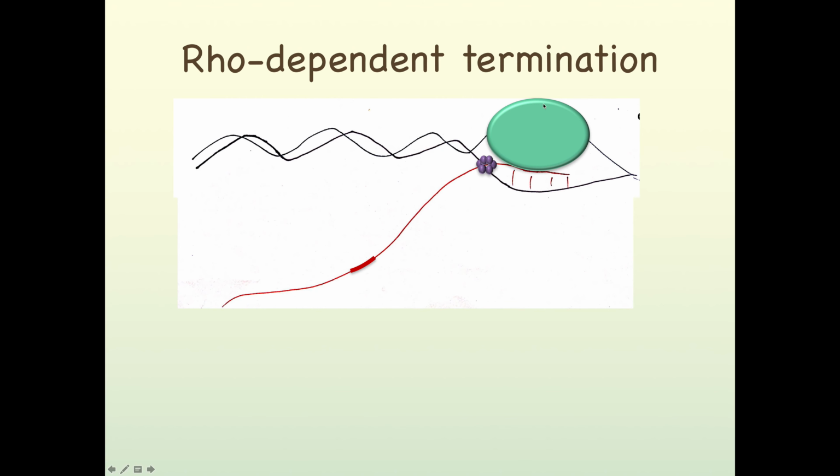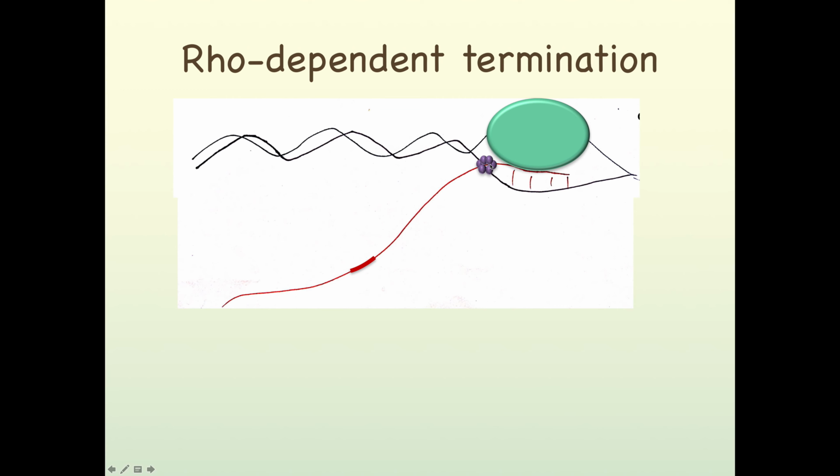But eventually, the polymerase will pause at some sort of sequence after the open reading frame. When RNA polymerase pauses, this allows Rho to catch up and interact with the elongation complex.